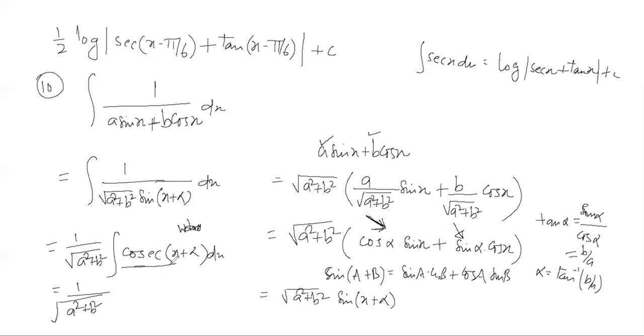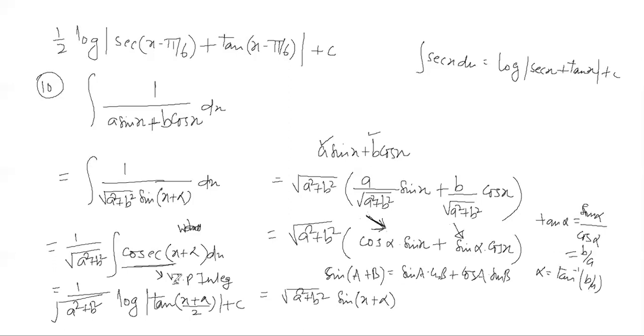This one is also a VIP integration, so you must know its result. The integration of cosec x is log of tan x by 2. In place of x, I will write x plus alpha upon 2, plus c.